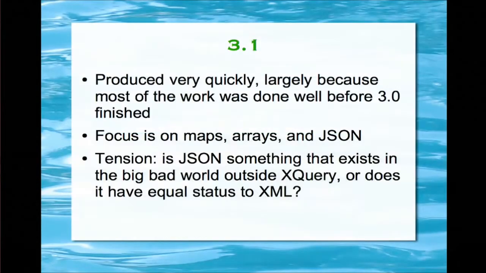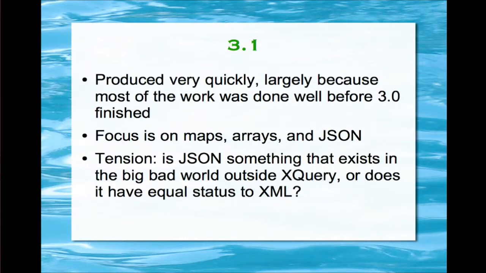3.1. I really did not expect to be in the position where 3.1 would be at candidate recommendation by the time of this conference. When everyone said, we're going to produce an increment and it's going to be ready in a year, I said, I've heard that before. That's not the way standards groups work. Standards groups take 7 years to do things.